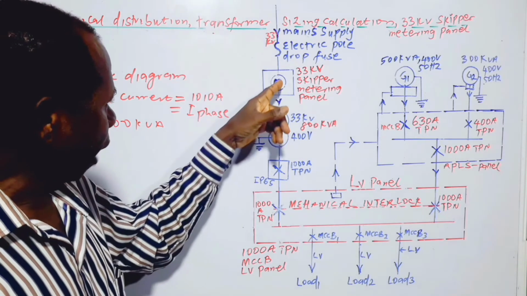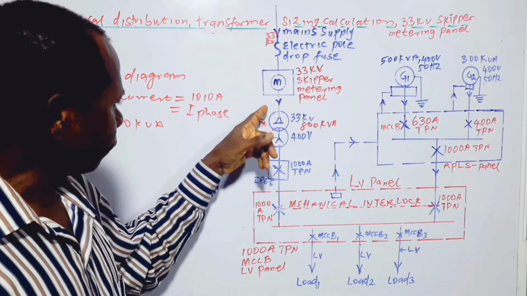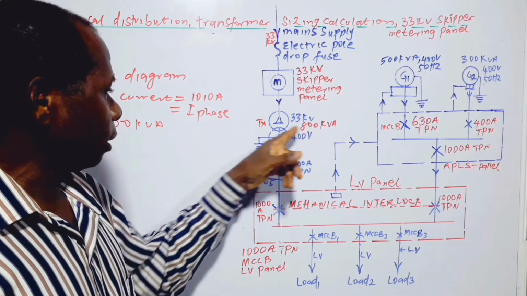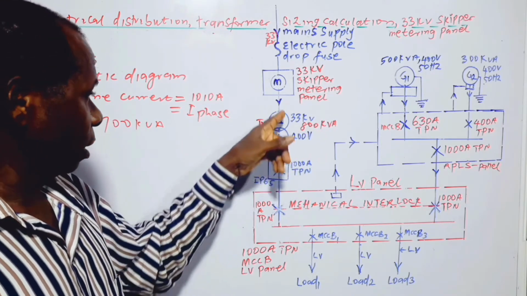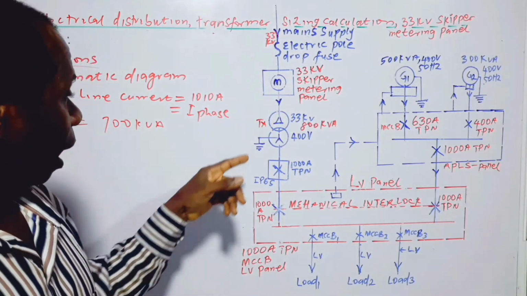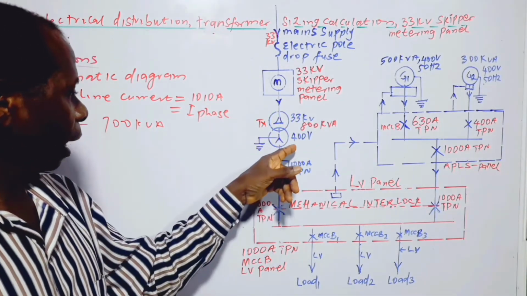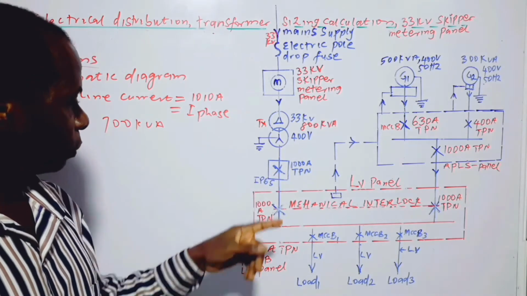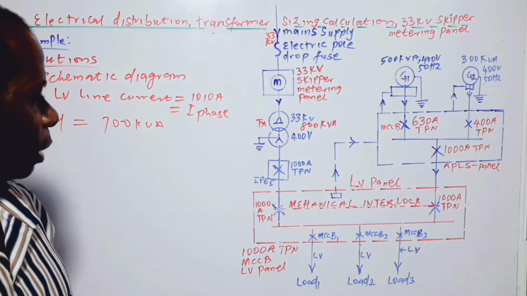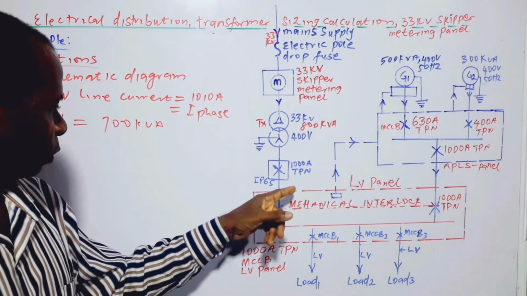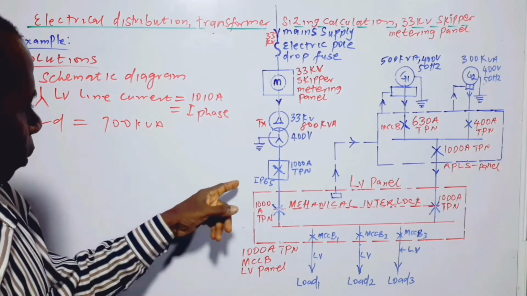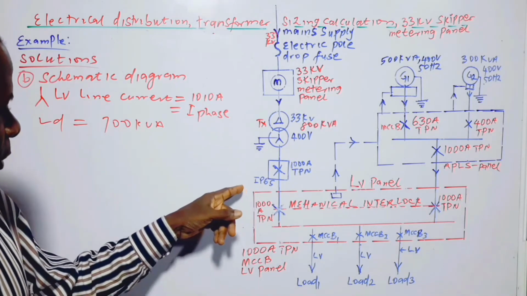After the metering, we have an 800 kVA transformer, with the primary side at 33 kV and the secondary side at 400 volts. We step it down. We protect the transformer with a 1000 ampere triple phase with neutral MCCB, that is a molded case circuit breaker.